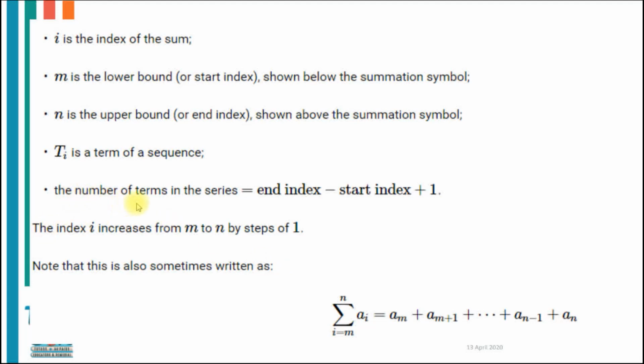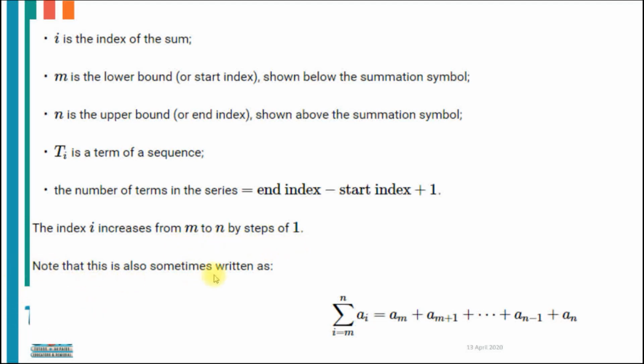And then the number of terms in the series will be equal to the end index, which is that n, minus the start index, my m, plus 1. So that will give me the number of terms in the series. And then the index i increases from m to n by steps of 1.